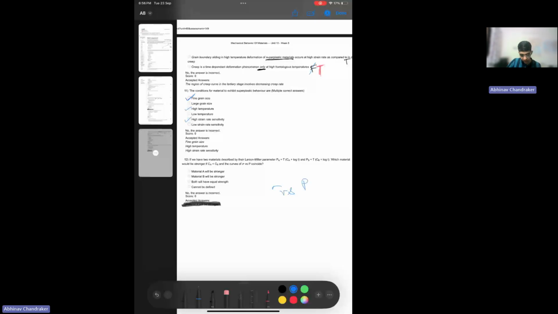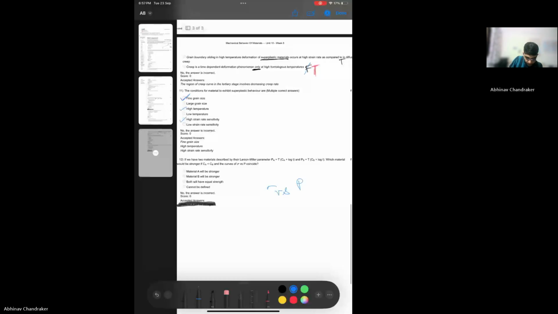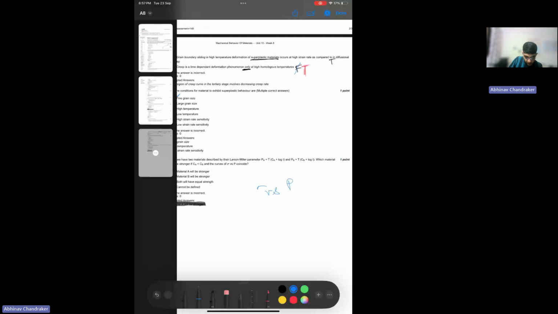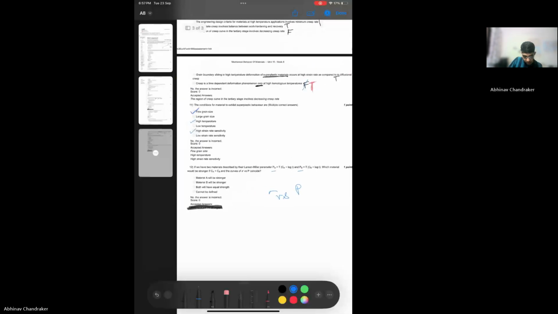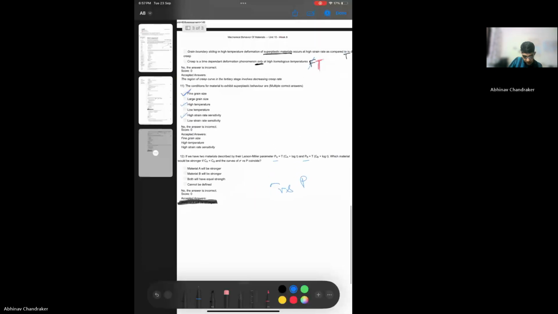P is the Larson-Miller parameter. Sigma is the stress applied for creep, constant stress. And we know the LM parameter will be constant for a particular value of stress or load. So for, let's say, a particular stress, we have CA plus this and CB plus this. Which material will be stronger has been asked.